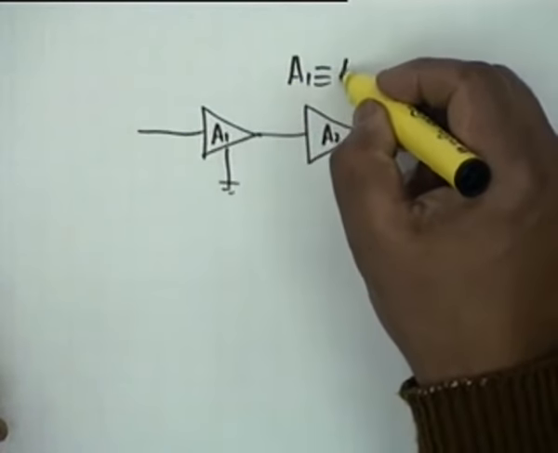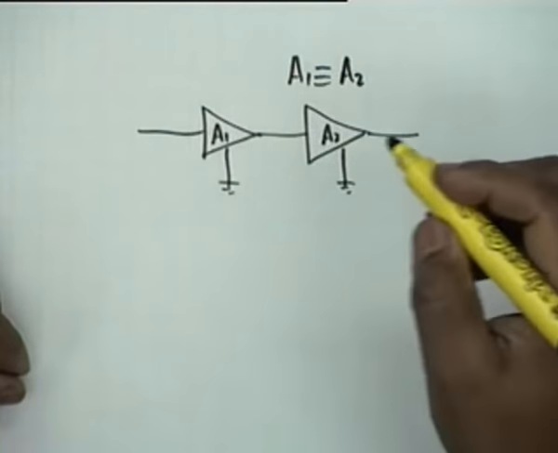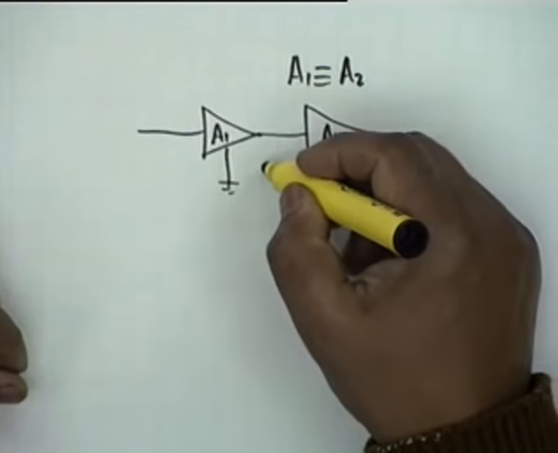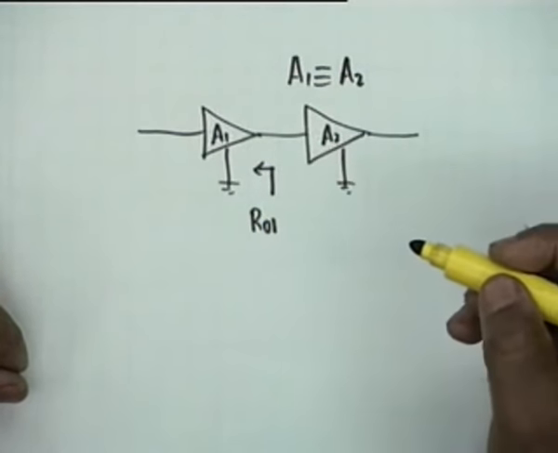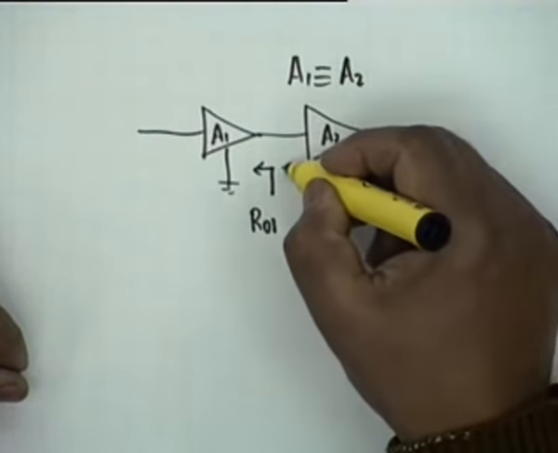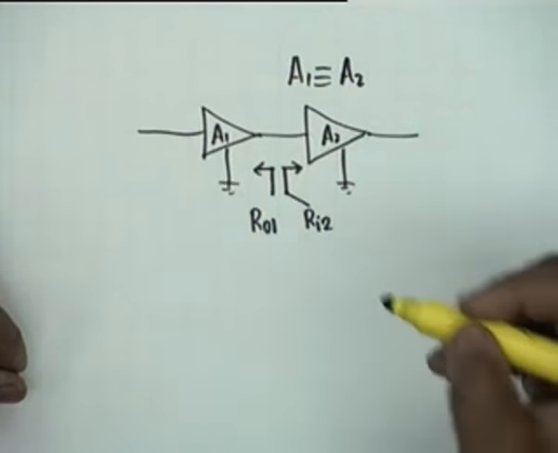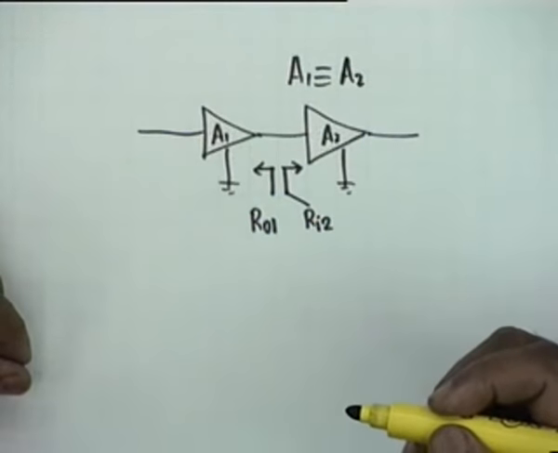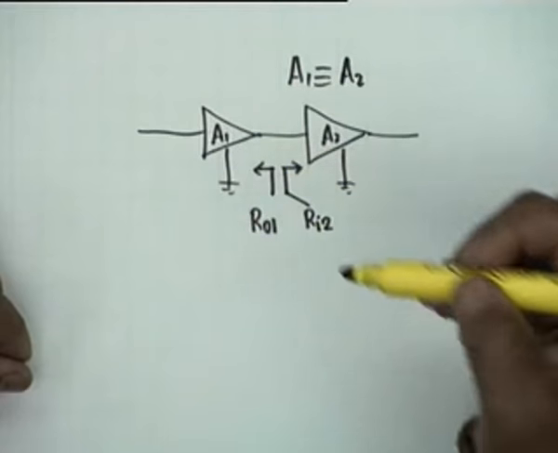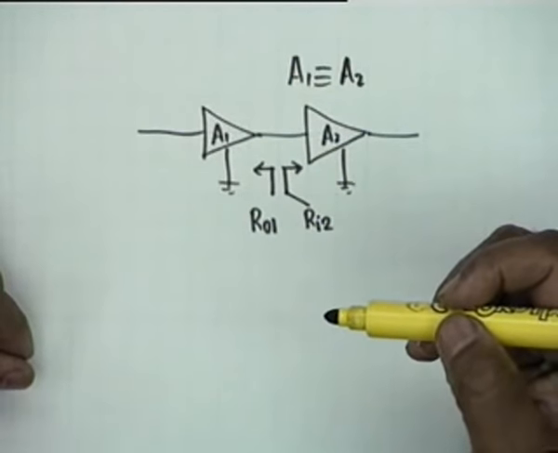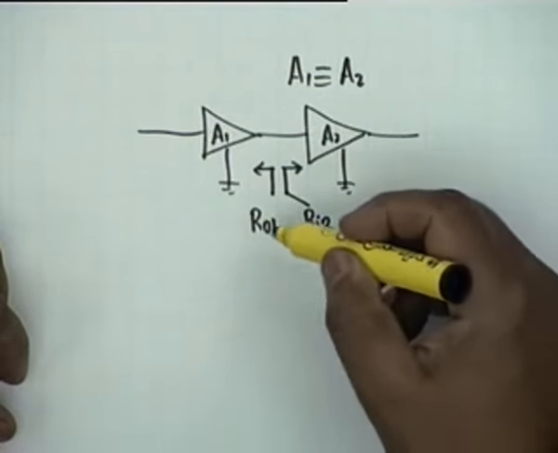A1 is identical to A2, two identical amplifiers cascaded together in such a manner that the output impedance of the first stage R01 is much lower compared to the input impedance of the second stage, so that whatever voltage appears across the output of A1 does appear across the input of A2 also.